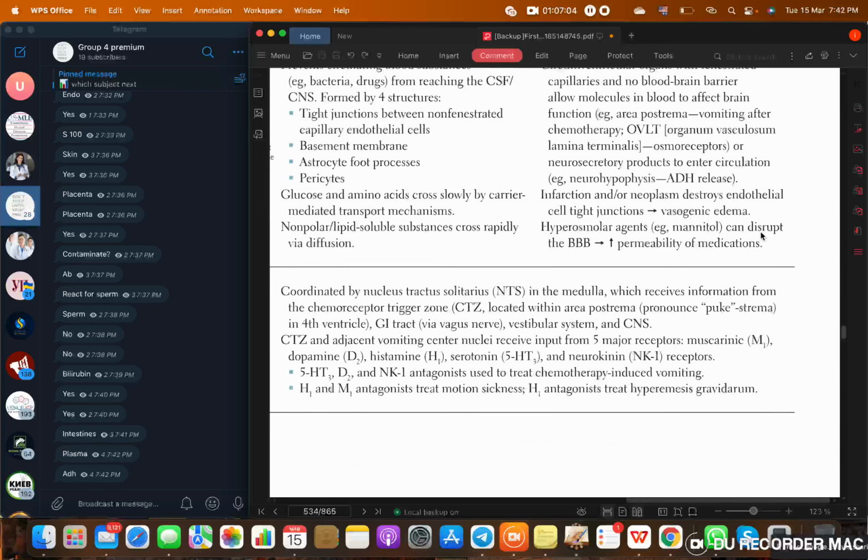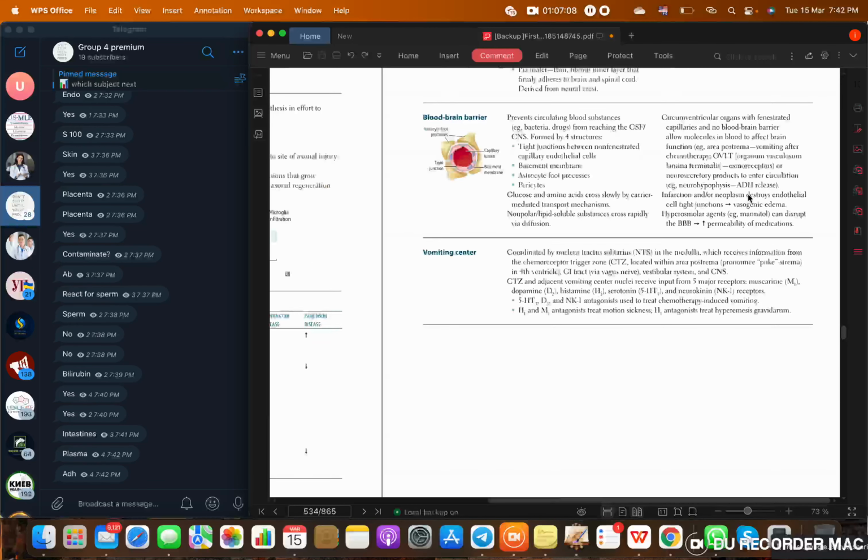Infarction and neoplasm destroy the endothelial tight junction, which can lead to vasogenic edema, which is important. The story will be somebody who got some form of hemorrhage in his brain, and then they ask you, oh, now he has an edema of his brain. Why did this happen?